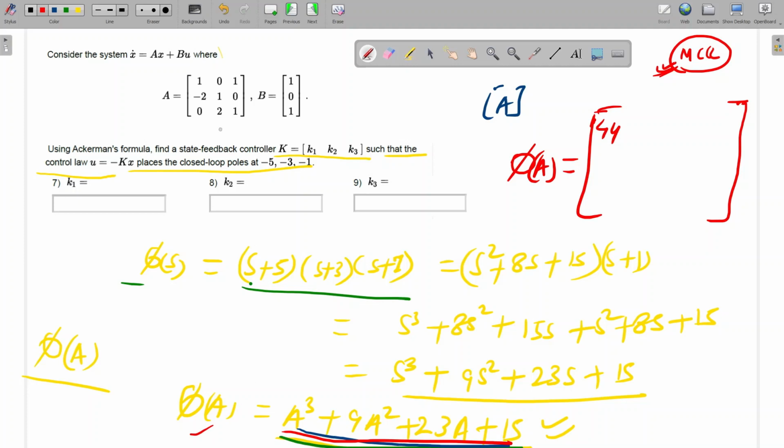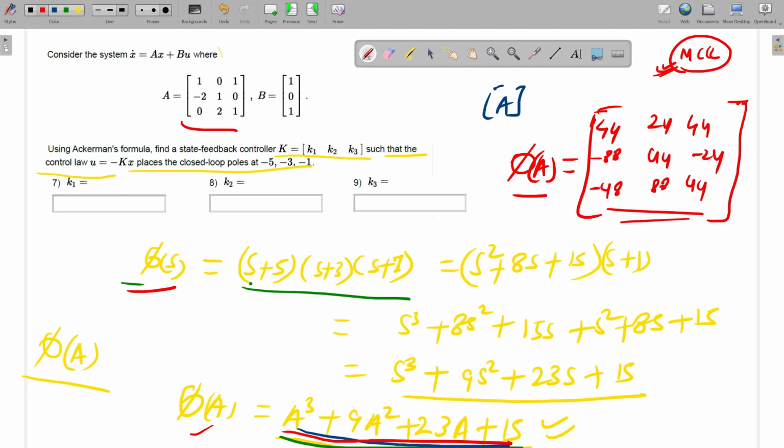It will be 44, then the second element 24 and 44, then minus 88 and 44 and again minus 24, and minus 48, and it will be 88 and 44. So this is the phi step. First we get this phi of A.